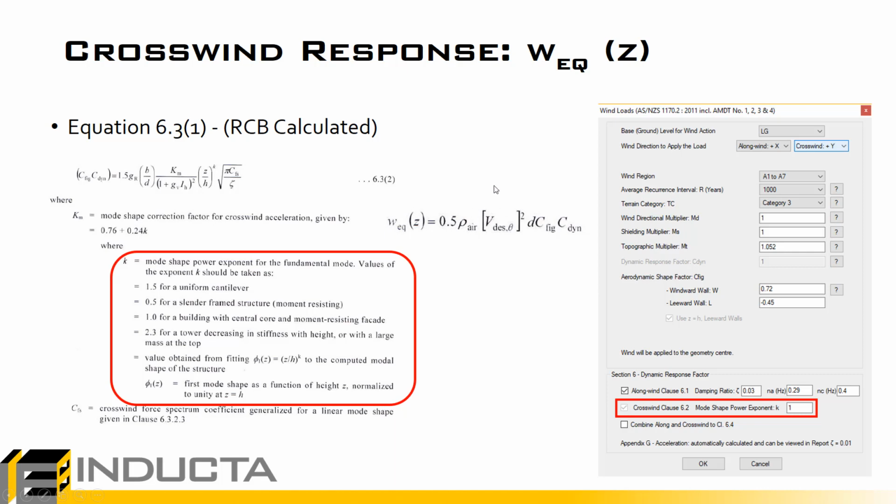This is all done automatically within the program. Despite having very few inputs for along wind and crosswind force, the program fully considers all of the requirements of section 6 and is automatically determining the size of the structure that we've modeled. So all fully considered within RCB.